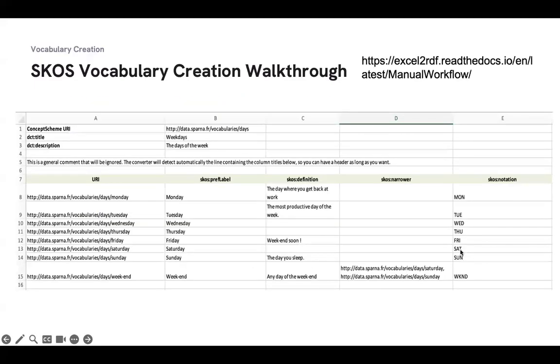The simplest is this. We use this Excel template, for instance, to create a vocabulary. And all you need to do is replace the content with the concepts that we have talked about. So if you remember, we talked about the scores preferred label. That's simply the name of the concept.